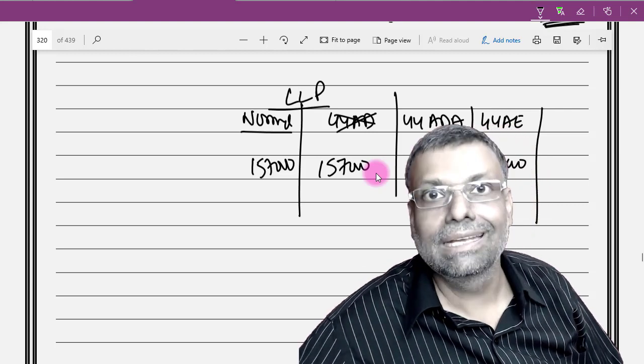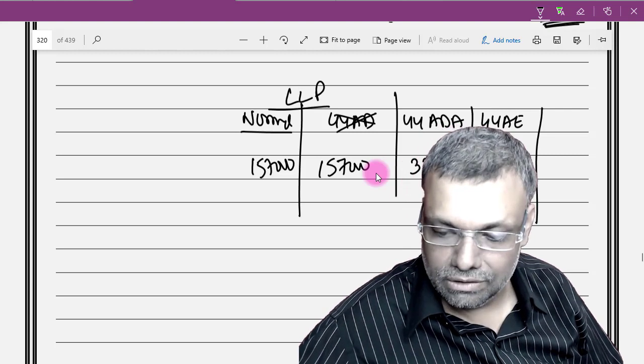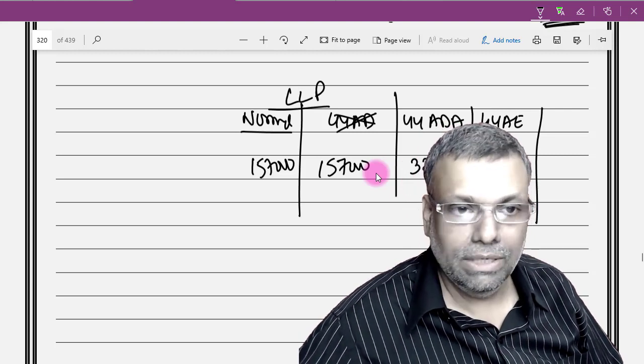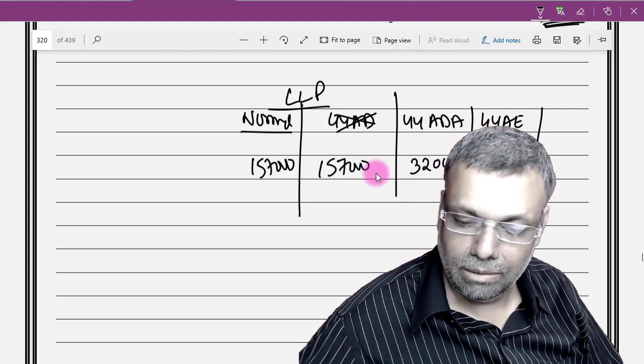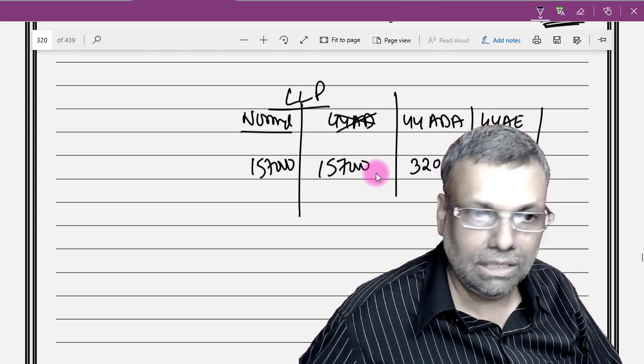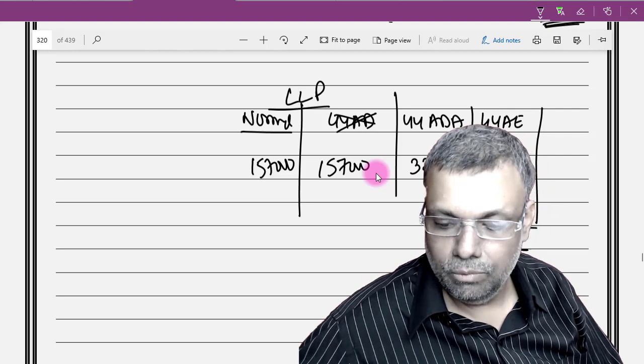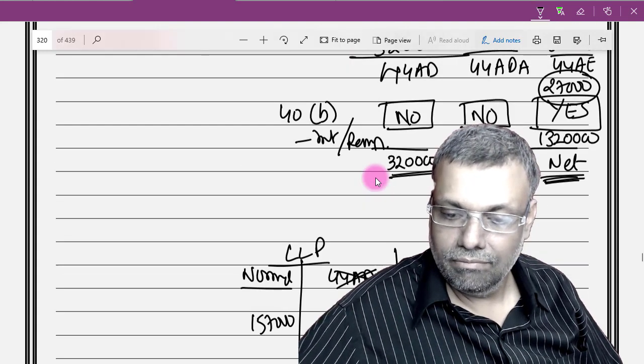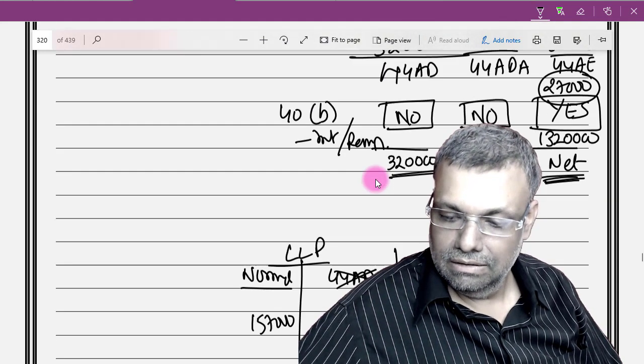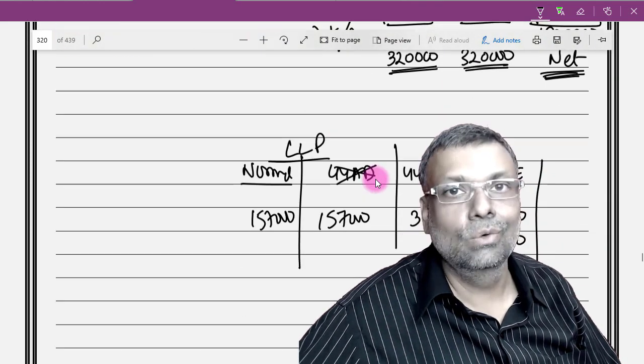But under 44AE, I can also get interest and remuneration deduction. So 27,000 I am going to get, and remuneration of 1,32,000 I am going to get, and my net figure will be computed like this. This is how my answer is going to vary.